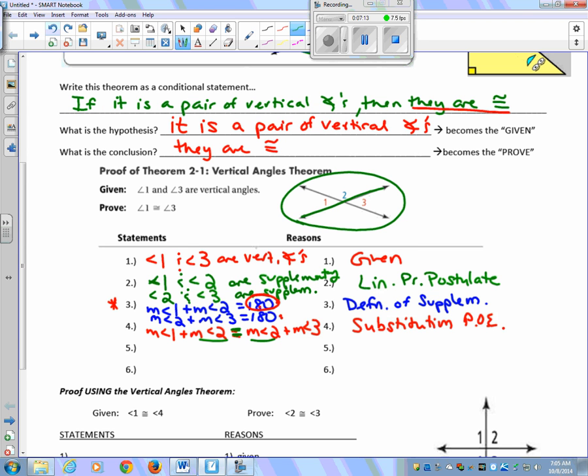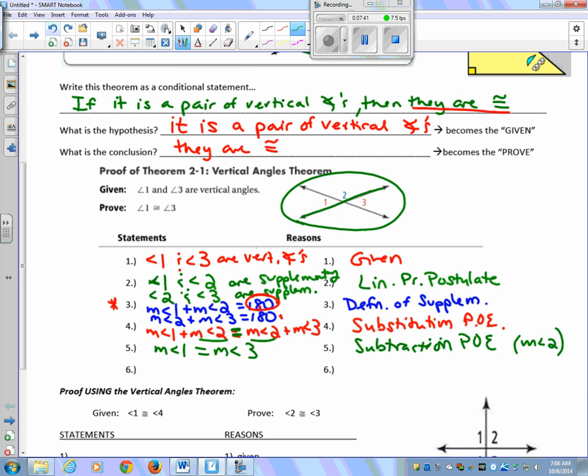So I can just subtract that measure of angle 2 from each side, and I get that the measure of angle 1 equals the measure of angle 3, because I just subtracted the measure of angle 2 from both sides. Oops, subtraction property of equality. Subtracted measure of angle 2 from both sides.